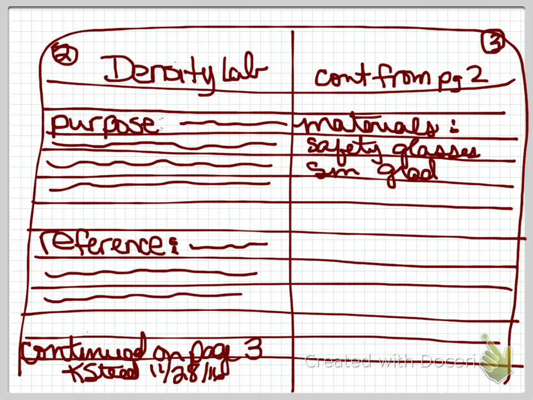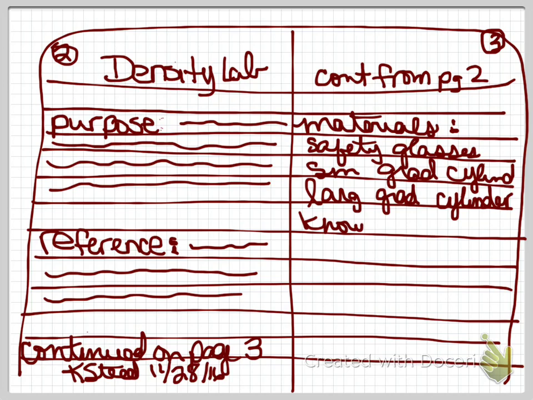I'm going to abbreviate here. You need your large graduated cylinder. You need your known metal sample. You need a balance.